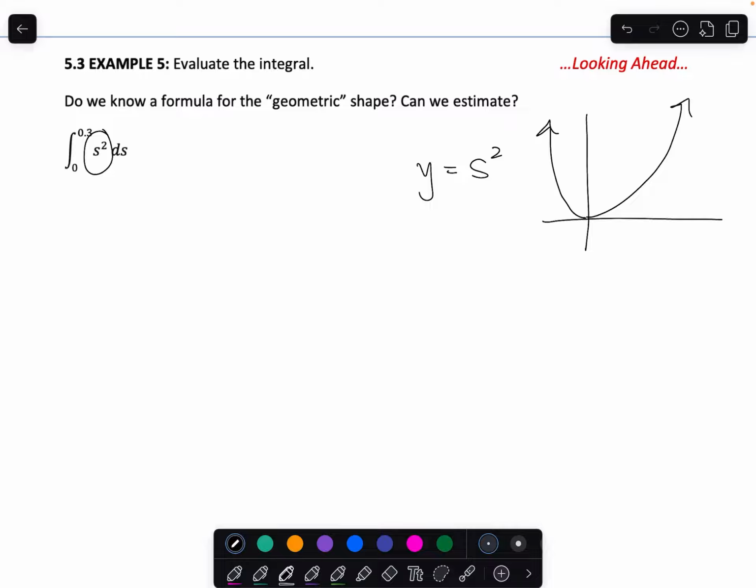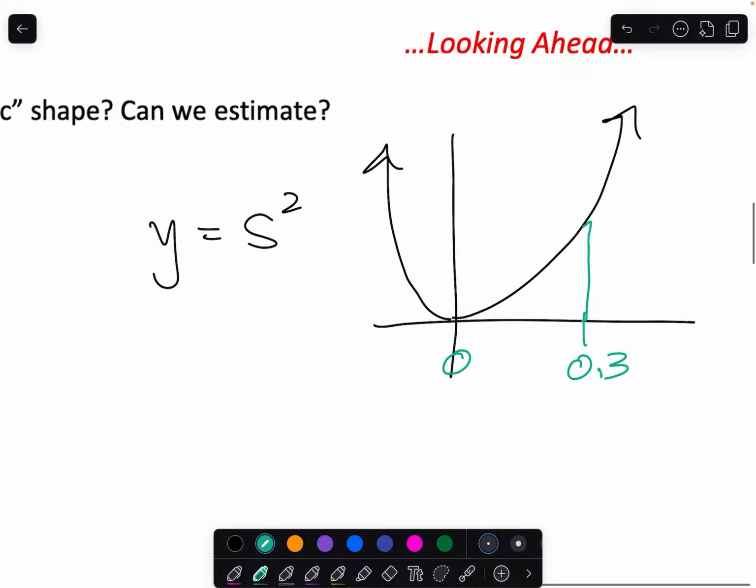It's opening up on both sides. It's symmetric. But because our bounds are from 0 to 0.3, we're ending up with this irregularly shaped area over here, okay?